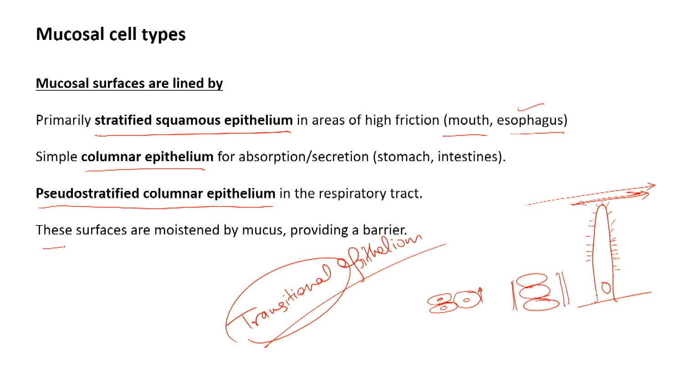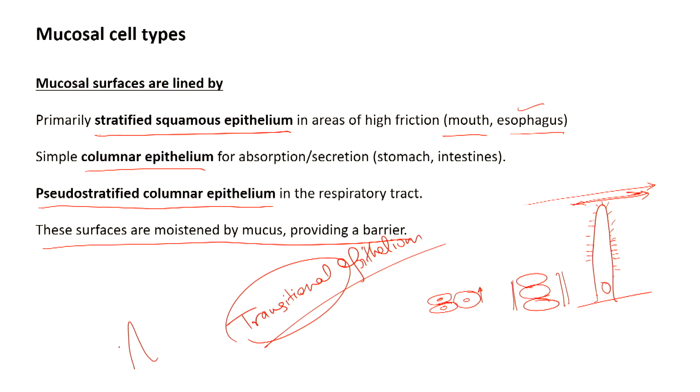These surfaces are moistened by a high concentration of mucus, because you have goblet cells which can secrete mucus in the alimentary canal. We'll see in a while. And the mucus is a huge barrier to anything coming and touching the surface of the alimentary canal. If you have a columnar epithelium, there is a thick layer of mucus on top of it.